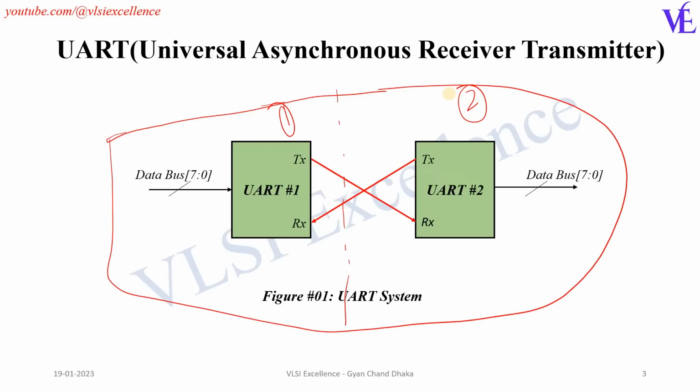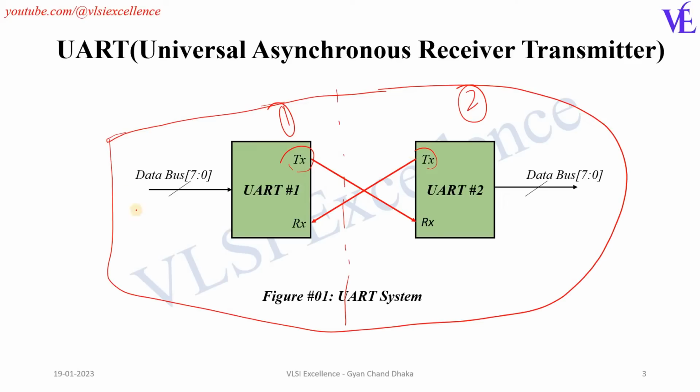How will their connectivity look? The TX line of the subsystem 1 UART controller will get connected to the RX line of the subsystem 2 UART controller, and similarly the TX line from the subsystem 2 UART controller will get connected to the RX line of the subsystem 1 UART controller.